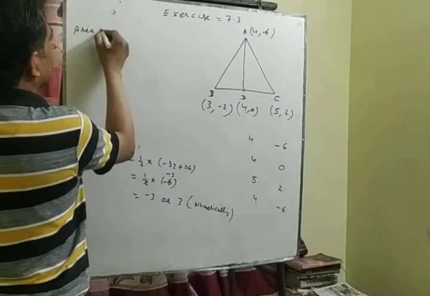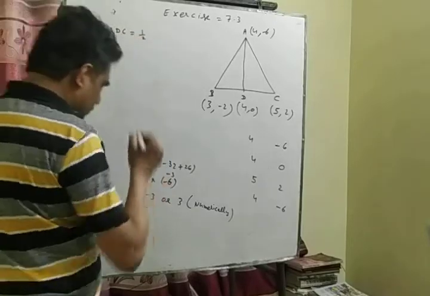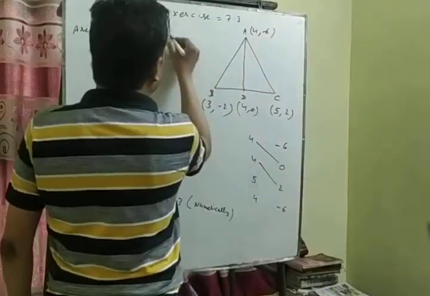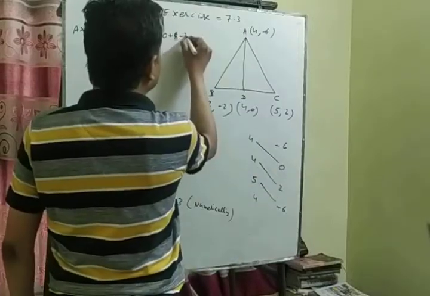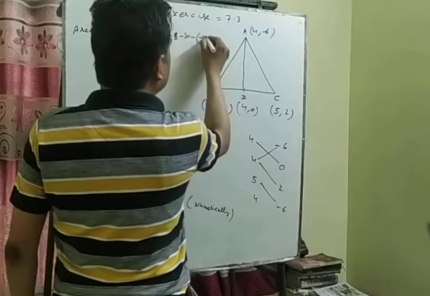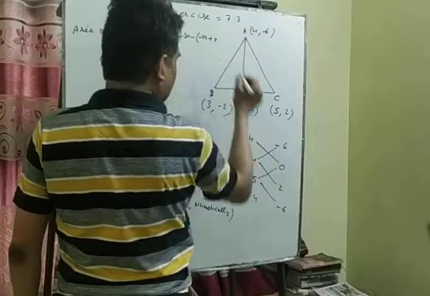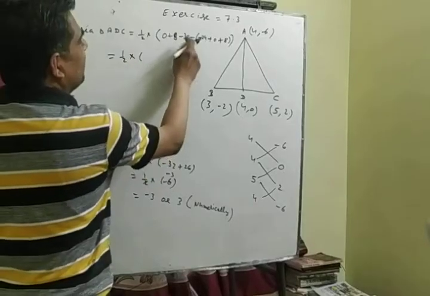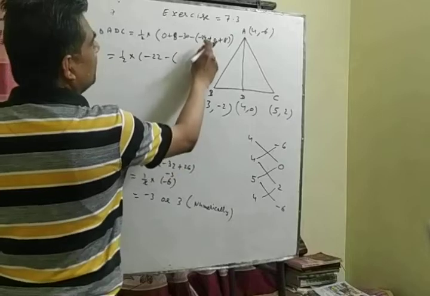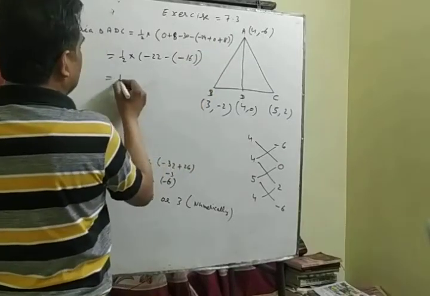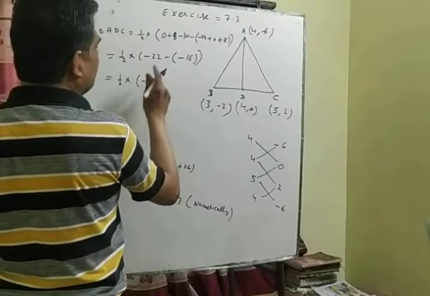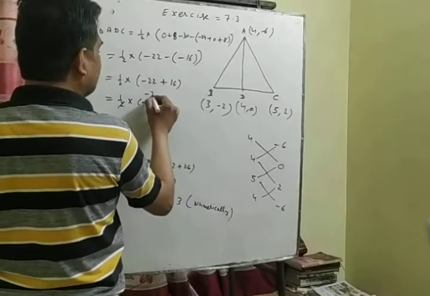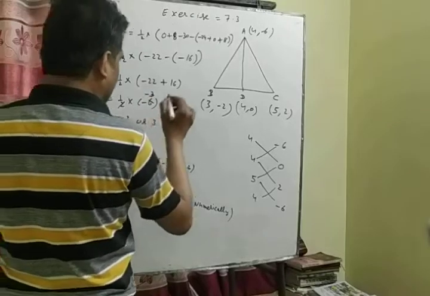Area of triangle ADC is equal to 1 by 2 into, firstly 4 0 0, 4 2 8, 5 6 minus 30 minus 24, 0 8, 4 2 8. 1 by 2 into 8 minus 30 is minus 22, minus 24 minus 8 is minus 16, so minus 22 plus 16, 1 upon 2 into minus 6, that is minus 3, or 3 numerically.